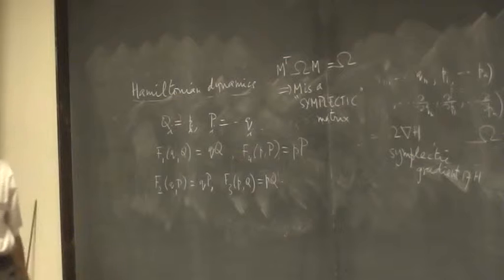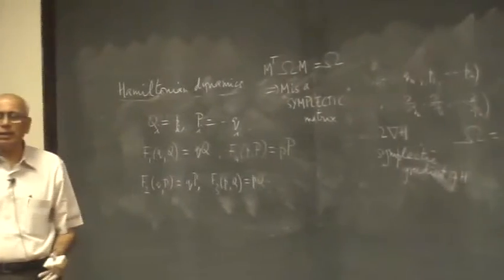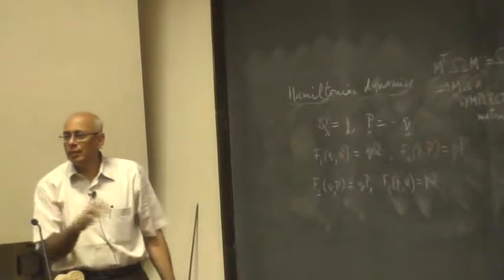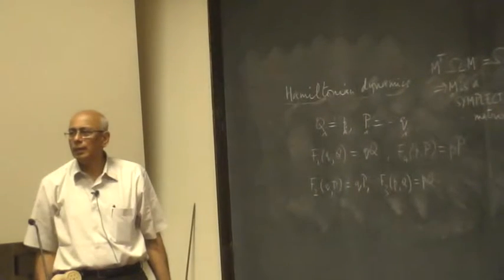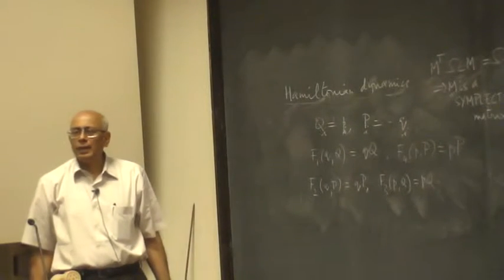The next step is to show that symplectic matrices form a group, which means that if you make two subsequent canonical transformations, it's equivalent to one canonical transformation. And it's invertible. Yeah. Is this something like SO(n)?